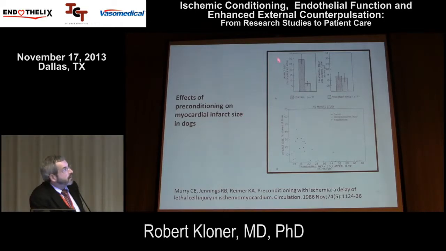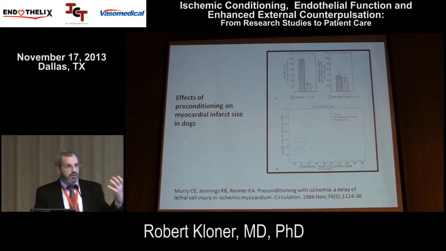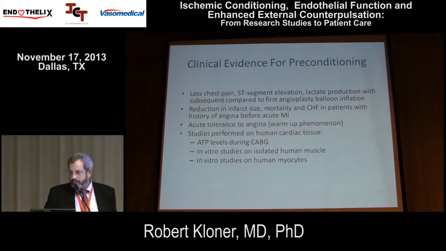If you look at infarct size as a percentage of the risk zone, control is shown here, preconditioned animals are shown here, a marked reduction of infarct size, and importantly, no change in regional myocardial blood flow measured by microspheres. So this conditioning mechanism is not recruiting collaterals to explain this phenomenon.